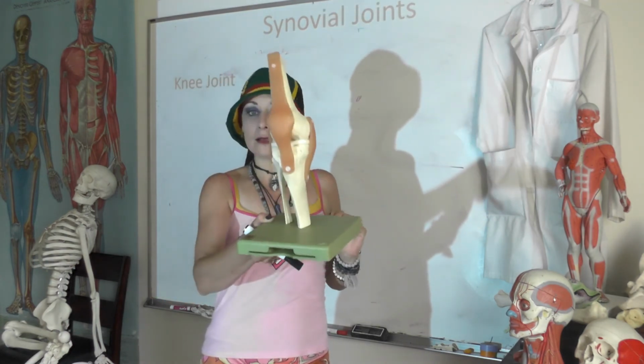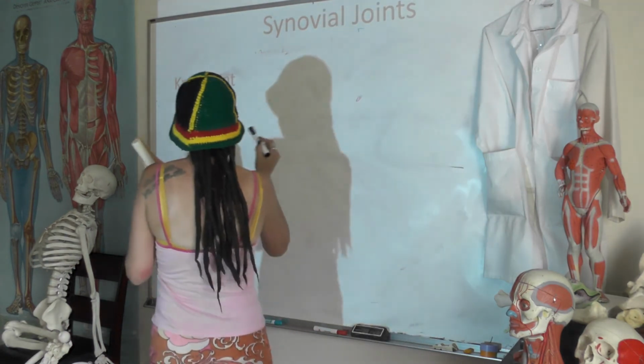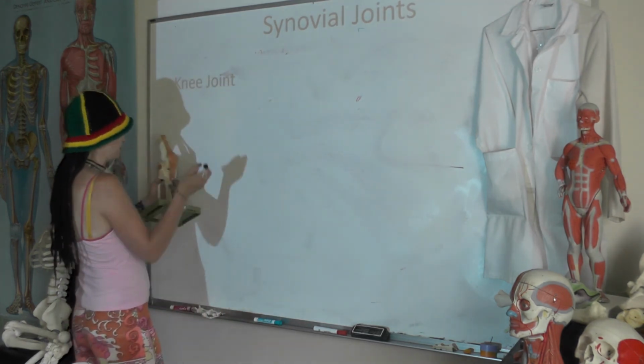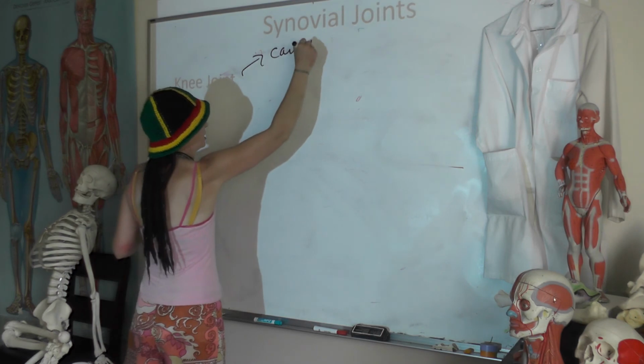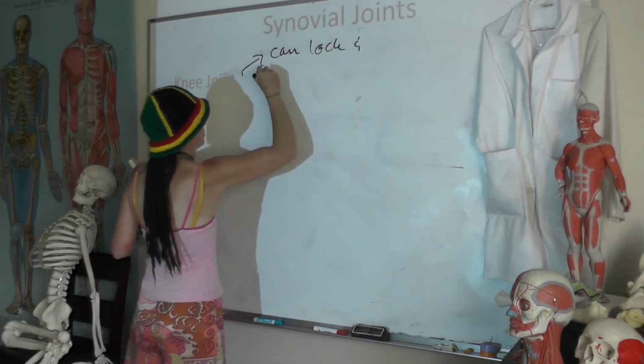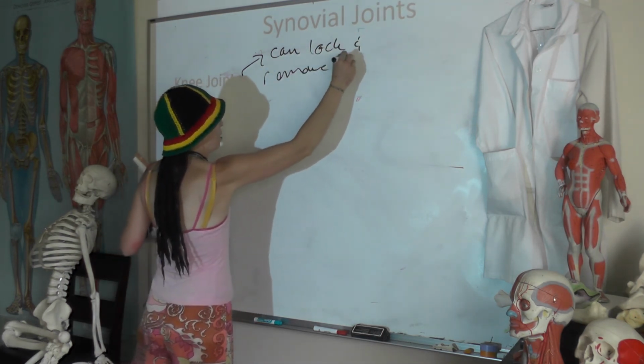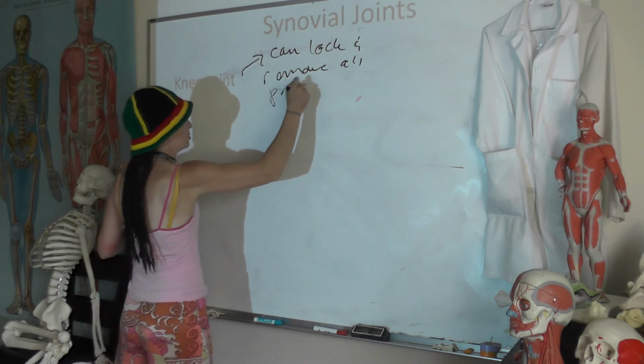So all day long, if I was standing on my hands, my muscles in my arm would have to work to hold that joint stable. Not so in the knee. So it's pretty cool. You can lock and remove all the pressure from the muscles.